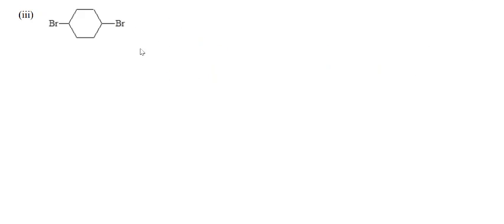For the third molecule, we have a cyclic compound. Each carbon on our cyclic compound is a carbon-carbon restricted rotation, so we have already passed the first requirement. But for the cyclic compound, we have to make sure that regarding the position of the carbons, two of the carbons must be attached to two different atoms or groups of atoms.